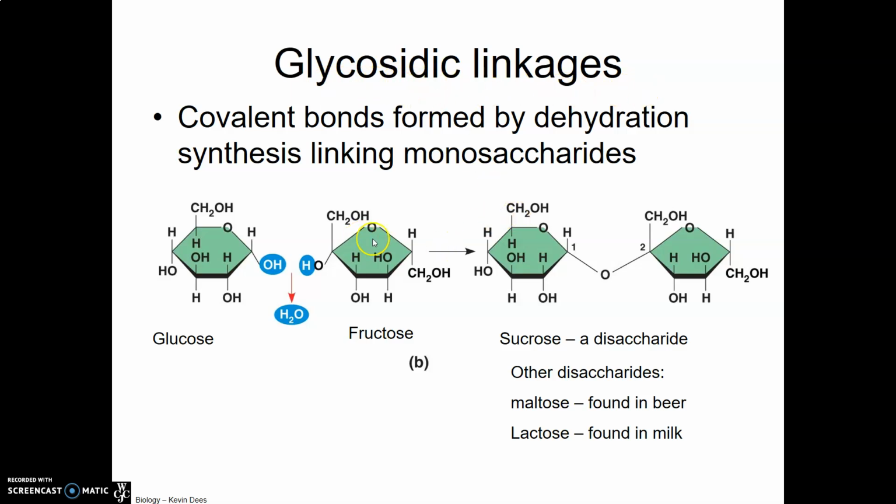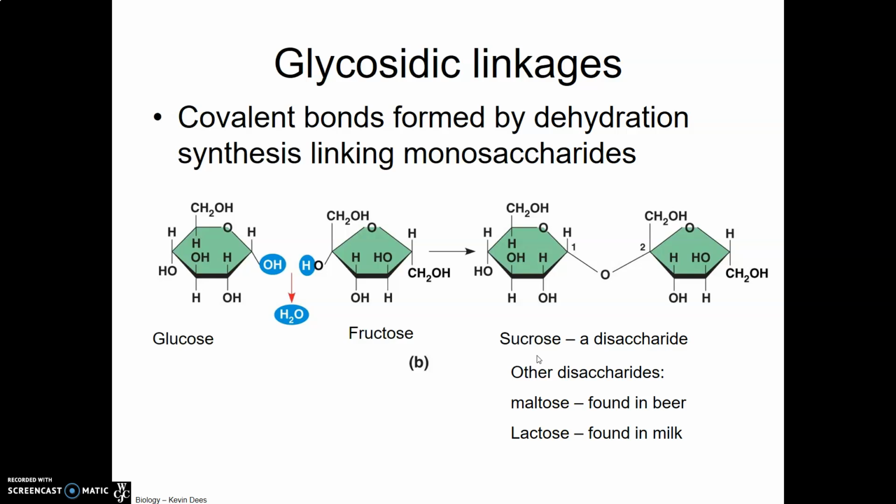Here we see 2 monosaccharides, glucose and fructose, being joined together, and notice we're pulling this water molecule off during dehydration synthesis. Removing this water molecule creates the glycosidic linkage that holds the glucose and fructose together, forming sucrose, which is a disaccharide.